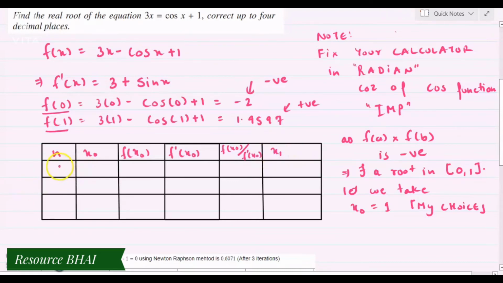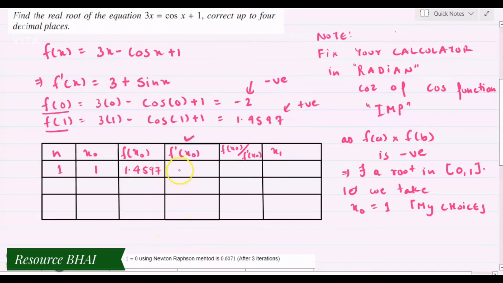So n will be 1, x naught we have chosen is 1, and the function value we have already calculated is 1.4597.